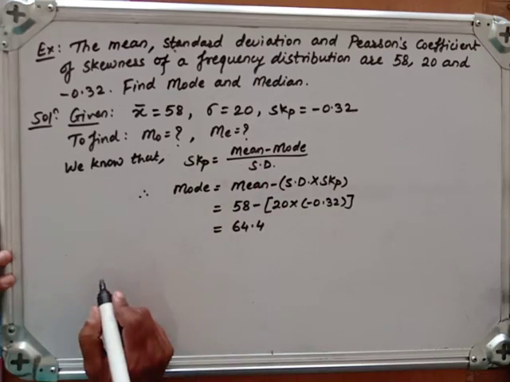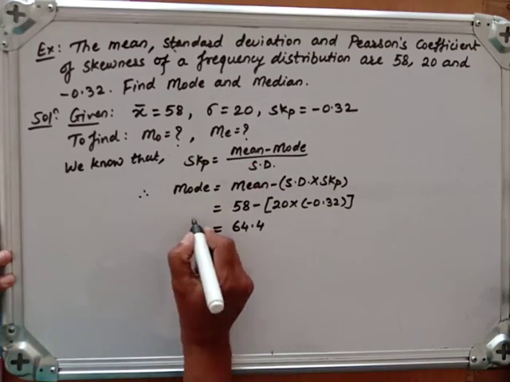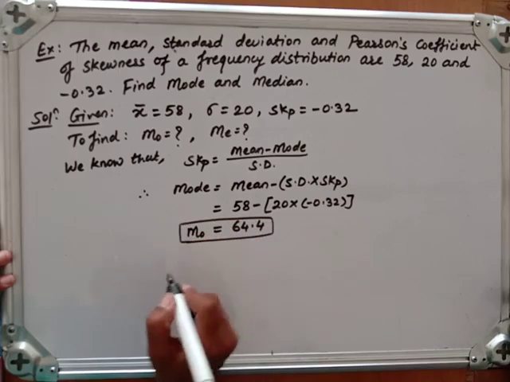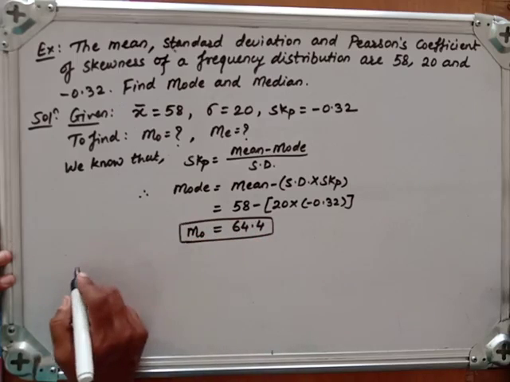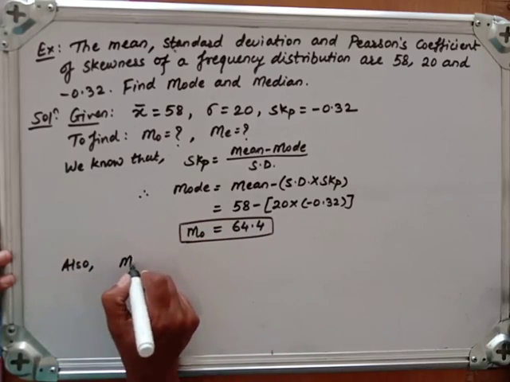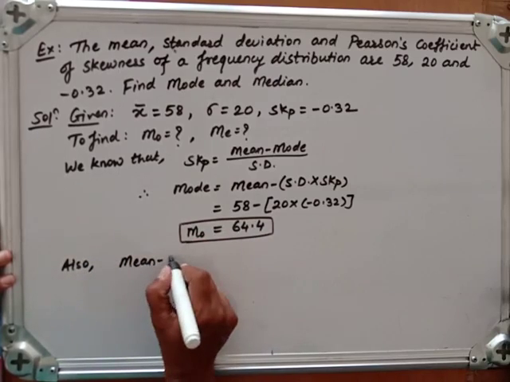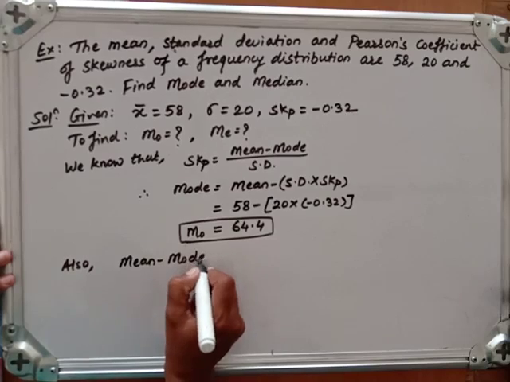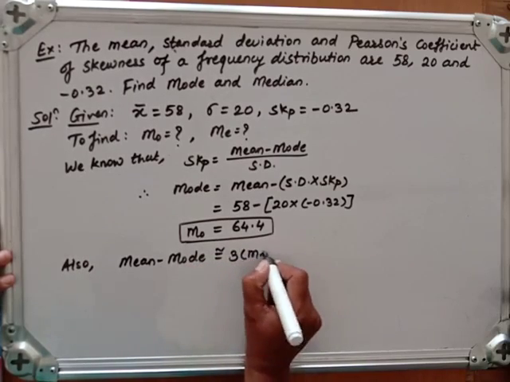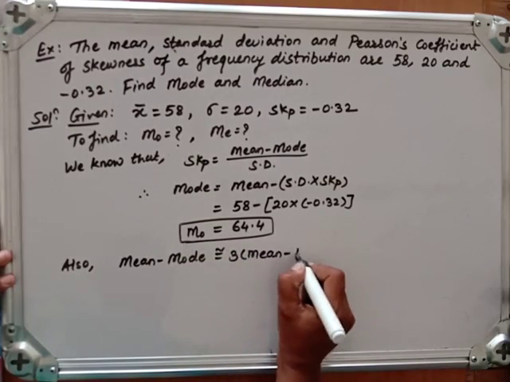Now the question left is median. Median can be easily determined using the empirical relation. So, mean minus mode is equivalent to 3 times mean minus median.